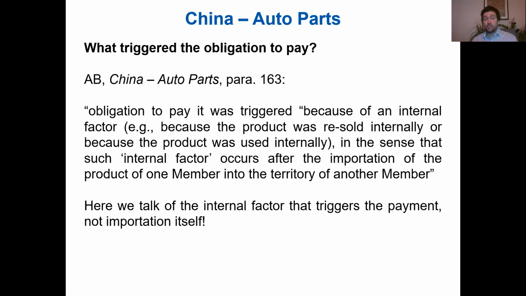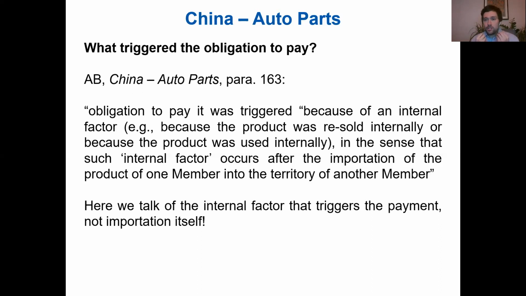In the sense that such internal factor occurs after the importation of the product of one member into the territory of another member. So here the Appellate Body clearly says that in order to understand the nature of the payment, we need to find out what is underlying it.